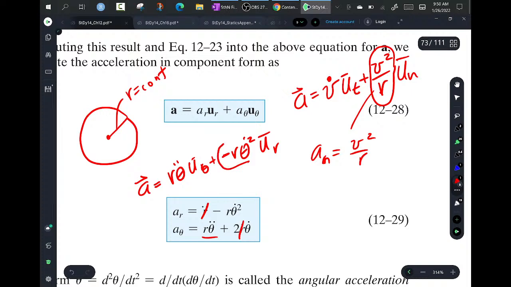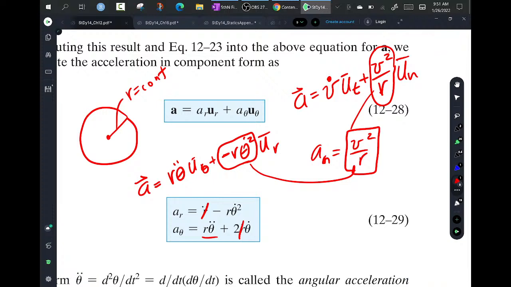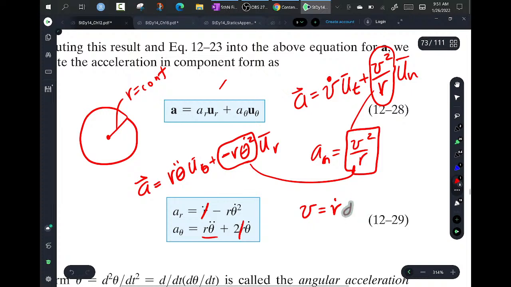Now, how is this and this the same? At first glance, you would think, I don't see how they're the same, until you realize that v, if you wrote v in the polar coordinates, was equal to r dot u_r plus r theta dot u_theta.